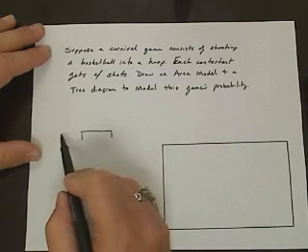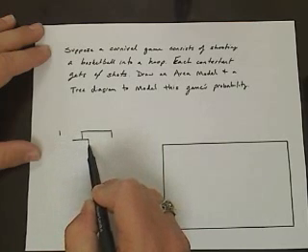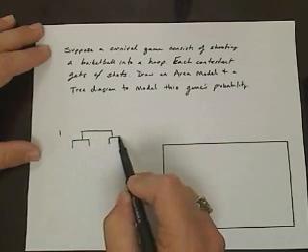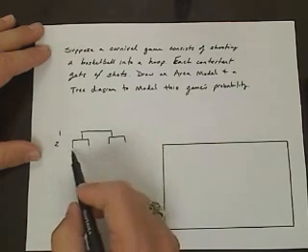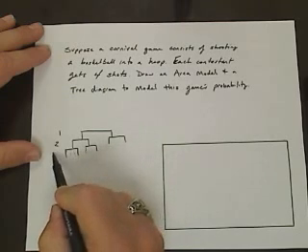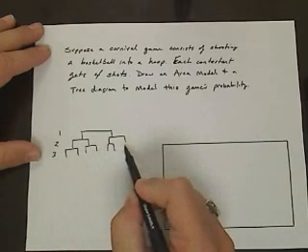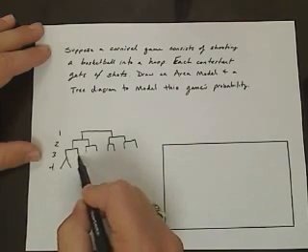So here's the first shot. After you take the first shot, you get a second shot. After you take the second shot, you get a third shot. And then you get a fourth shot.